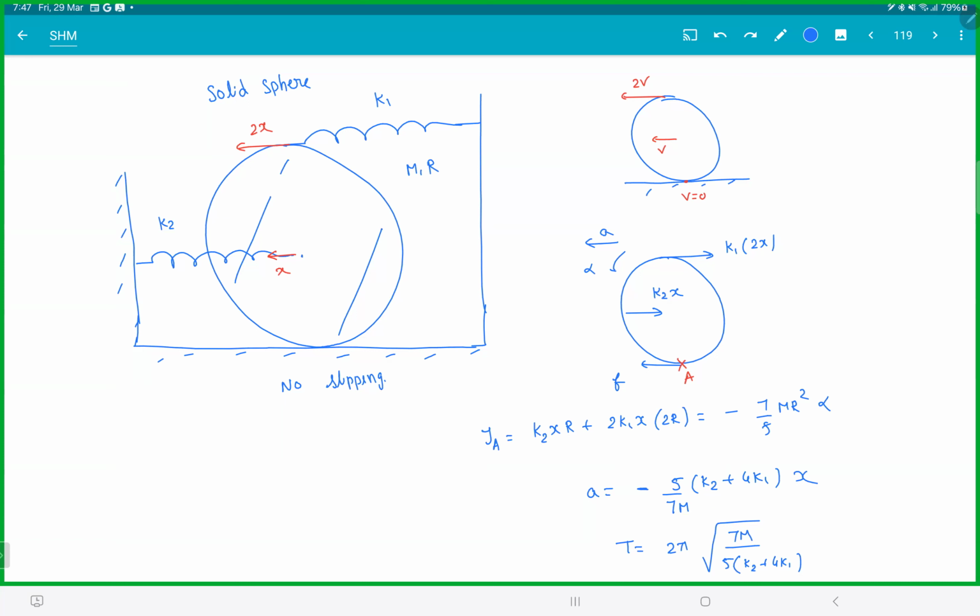Clear? Let's see one more. I hope I don't get your mistake there, the 2x part.